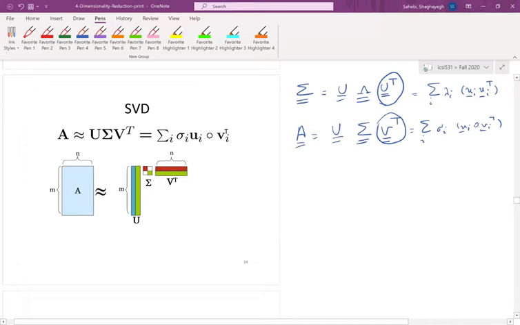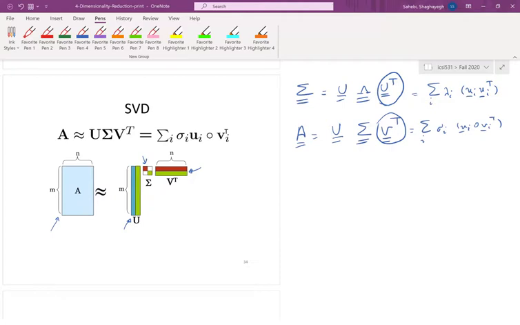Okay, so in this picture, for example, we have an M by N A, and then we can suppose that we have two singular values. We can rewrite that as an M by R, or 2, matrix U, an R by R sigma, and an R by N V transpose.